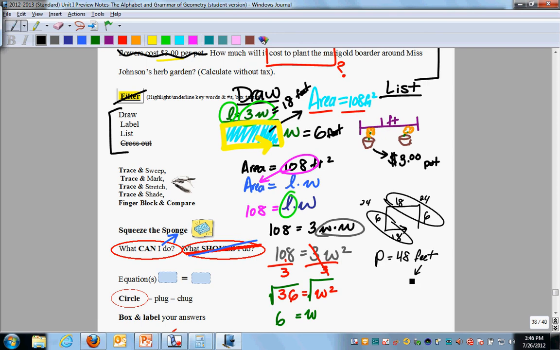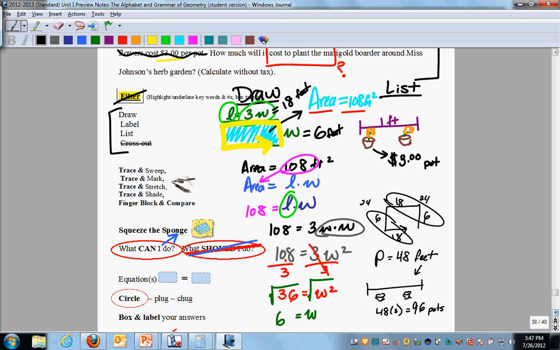Now for every foot, I need 2 pots of flowers. So I take 48 times 2. 2 times 40 is 80. 2 times 8 is 16. 80 plus 16 is 96. I need 96 pots of flowers.